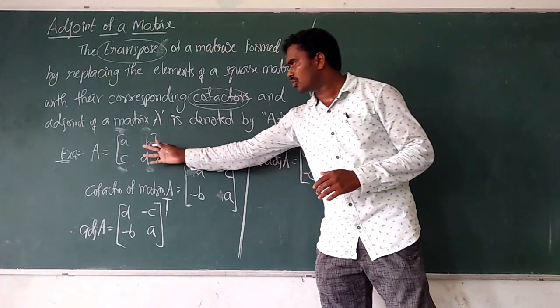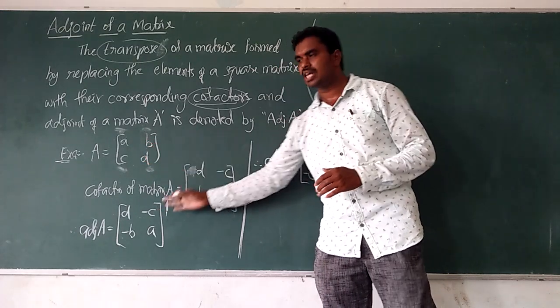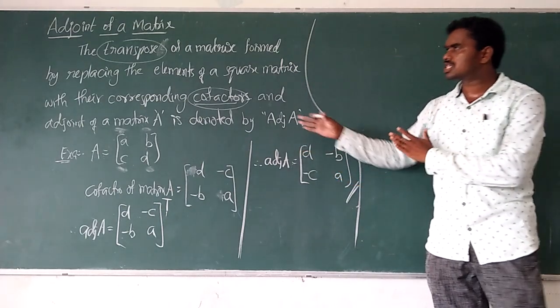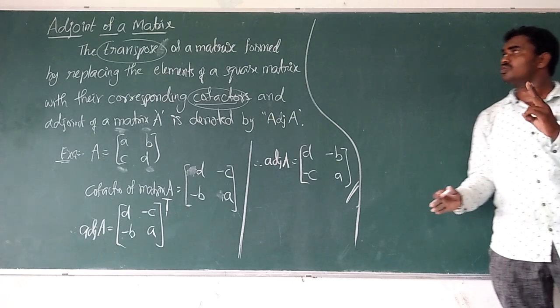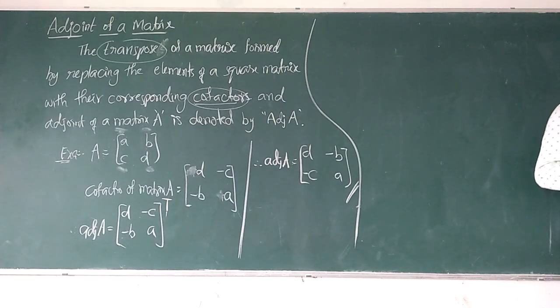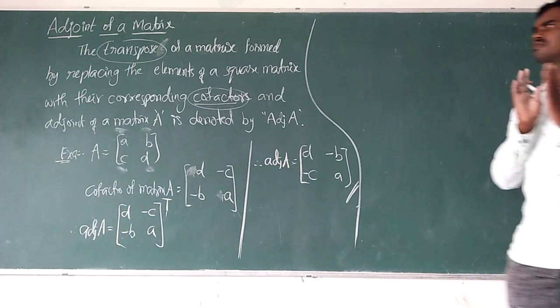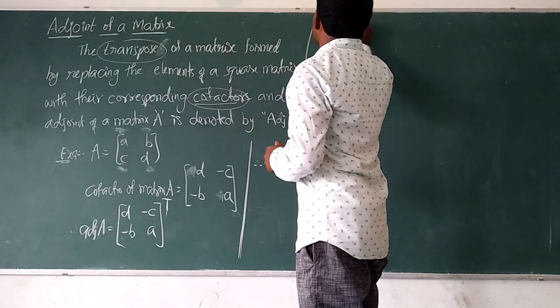Just now I told you how to find the adjoint of a 2 by 2 square matrix, and I will give a few questions on this concept. Before that, two small concepts: what is an invertible matrix and what is the inverse of a matrix. Okay, invertible matrix.